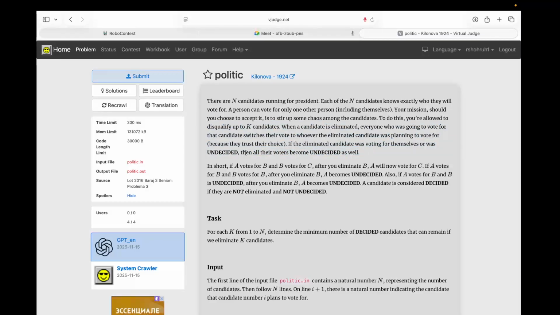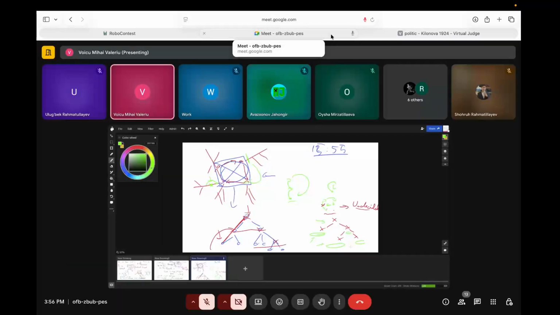And then, after selecting such a partial subtree of the graph, all the children of those eliminated nodes become undecided. Is that also clear?